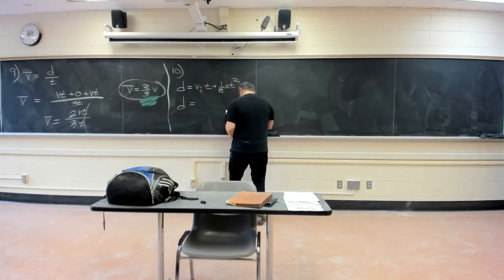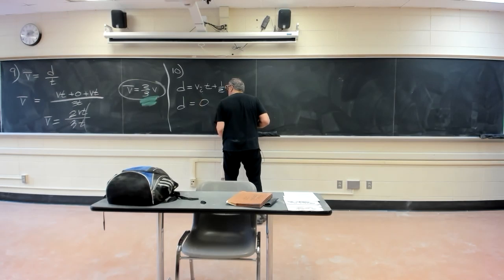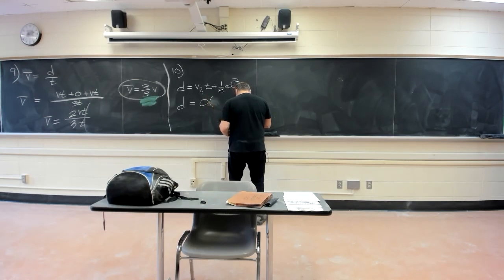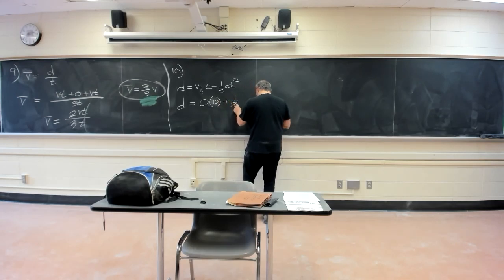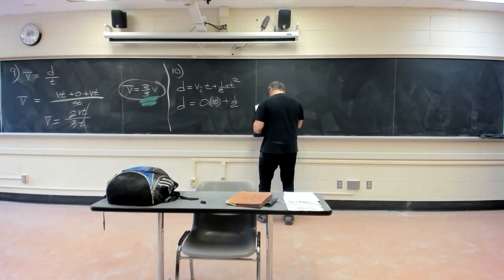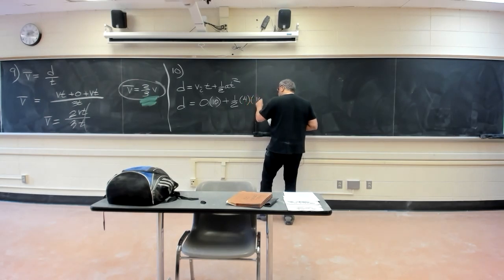Here we go. Car starting from rest, huh? Vi equals 0. Vi equals 0, and I go for 10 seconds. Yeah, but the Vi is 0, plus 1/2 of 4 meters per second per second. And it's doing this for 10 seconds.